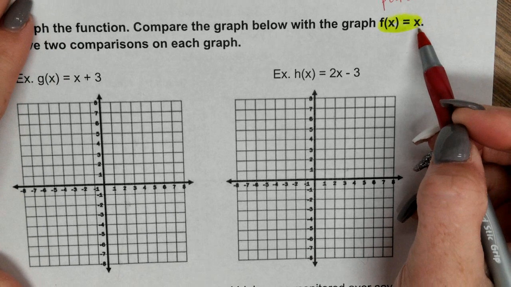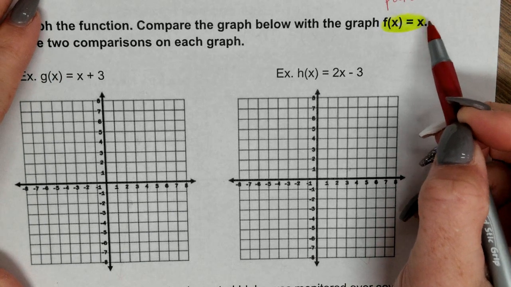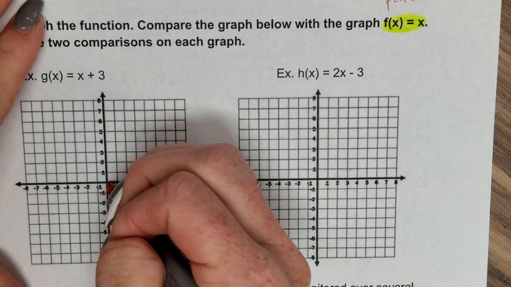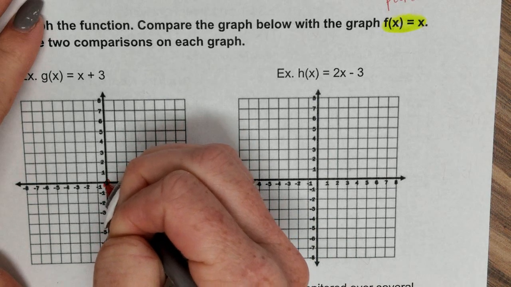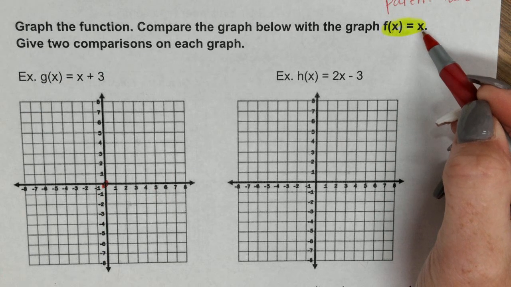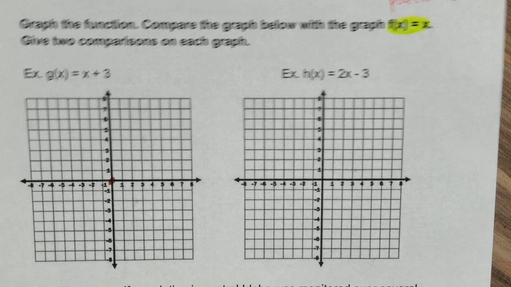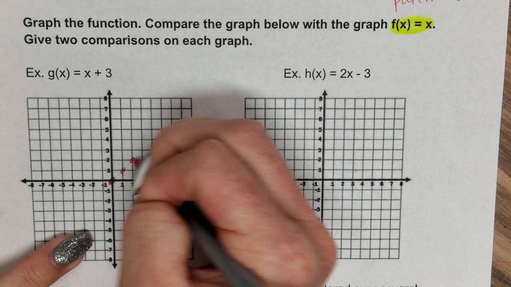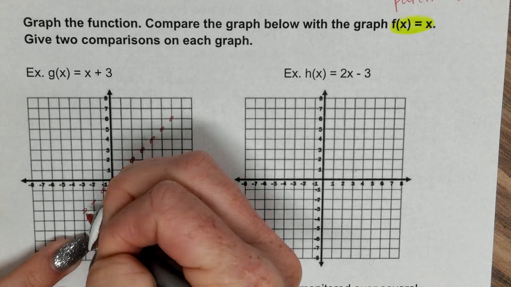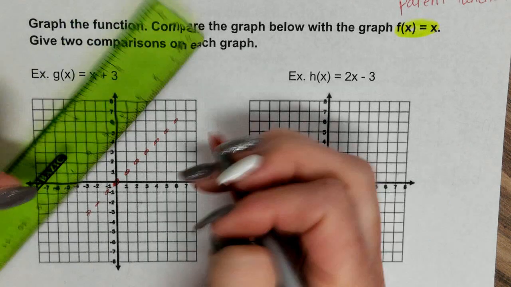So first of all, let's go graph this one. What is the y-intercept of f of x? 0. So put a dot at 0. What is the rise over run of this parent function? 1 over 1. So up 1, right 1. And do quite a few dots because it's easy, just so that we get a really good line. And go ahead and draw a line through it.